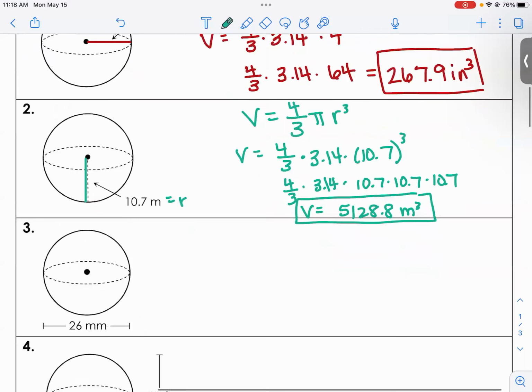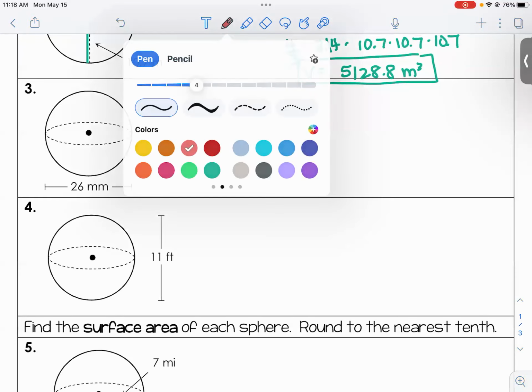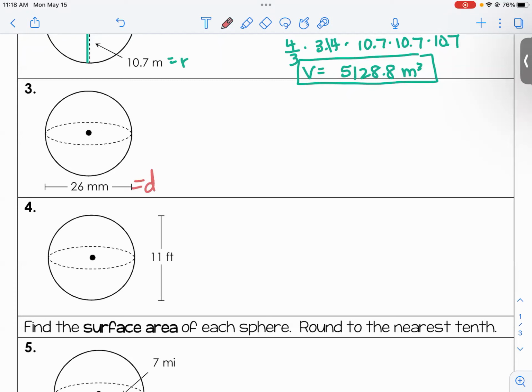So here we go. In number 3, what is this 26 symbolizing? This is the diameter, which means we need to cut it in half if we want the radius. What is that? Oh, good job. Without his calculator, 13. Okay.